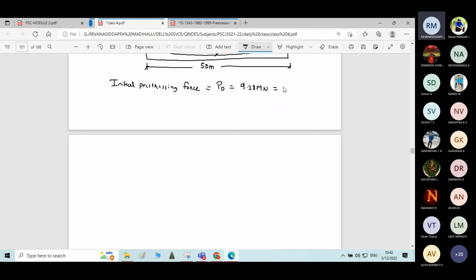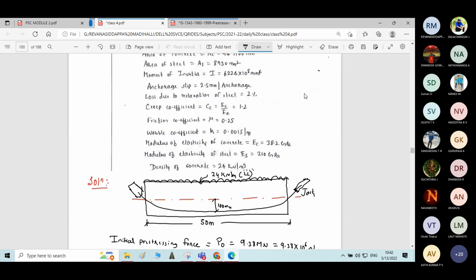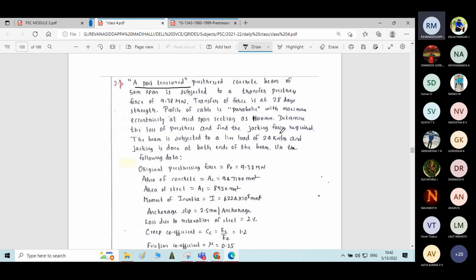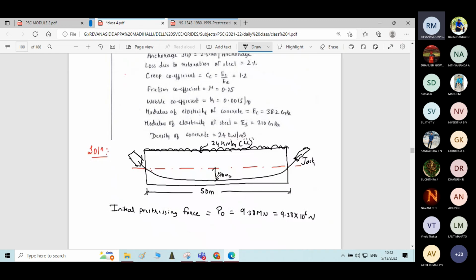In terms of Newton, it is 9.38 into 10 power 6 Newton. The transfer of force is at 28 days, so the age at transfer is 28 days. The profile of the cable is parabolic with maximum eccentricity at the midspan section as 1100 mm.